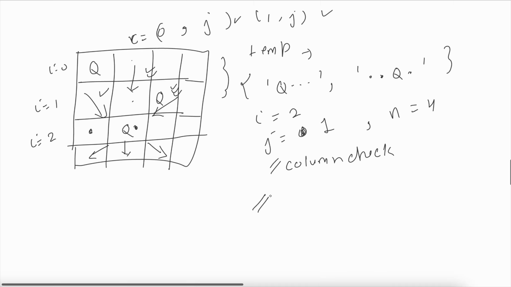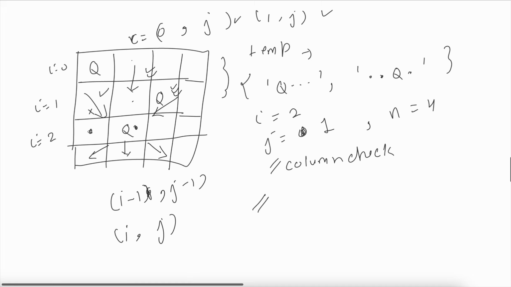Second, we need to do the upper left diagonal. So how will we check the upper left diagonal? Let's say we are at i comma j, and we want to move to this column. Then how will we move? You will do i minus 1, j minus 1.